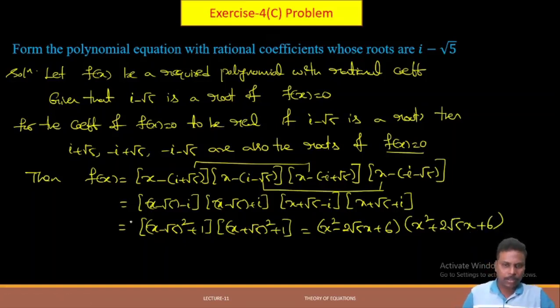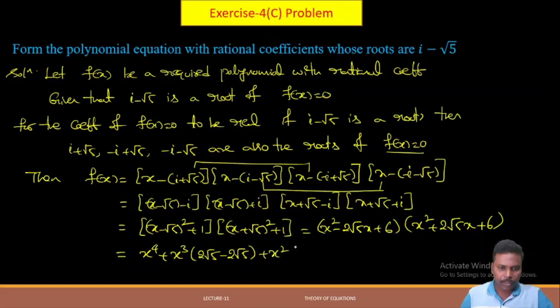So if I expand it, then this becomes x to the power 4 plus x cube into 2 root 5, and x should multiply with x square, this is minus 2 root 5.